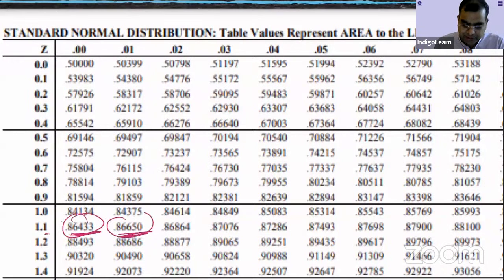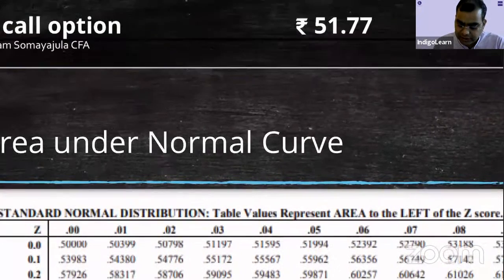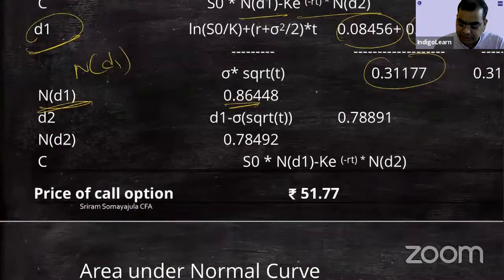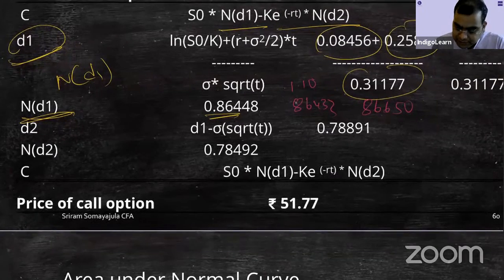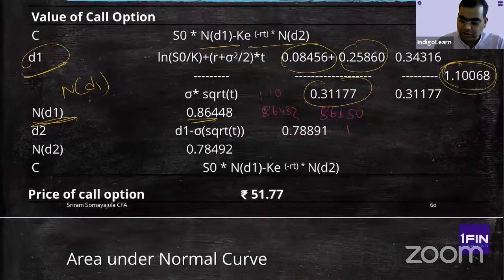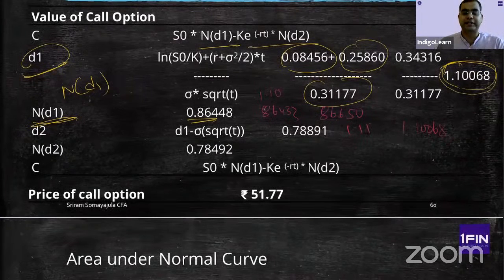So it is between 0.86433 and 0.86650. This is 1.10 and this is 1.11. So you have to compute for 1.10068. You use interpolation and you arrive at a value for this.